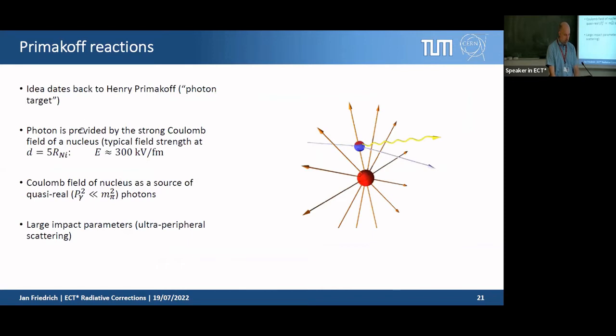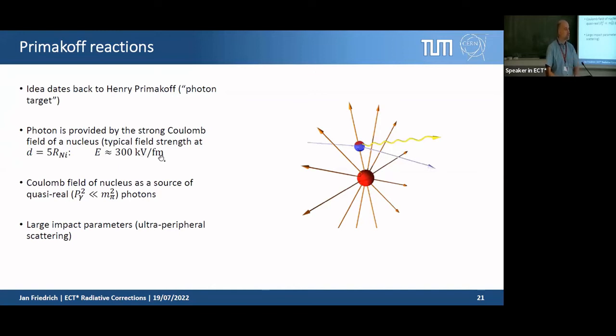Once more to this Primakoff reaction, if you're not really familiar with it. The basic idea is to use heavy nuclei as a photon target. A useful number to keep in mind: the electric field at a few nuclear radii away, where you don't have strong interactions anymore, is 300 kilovolts over 1 femtometer.